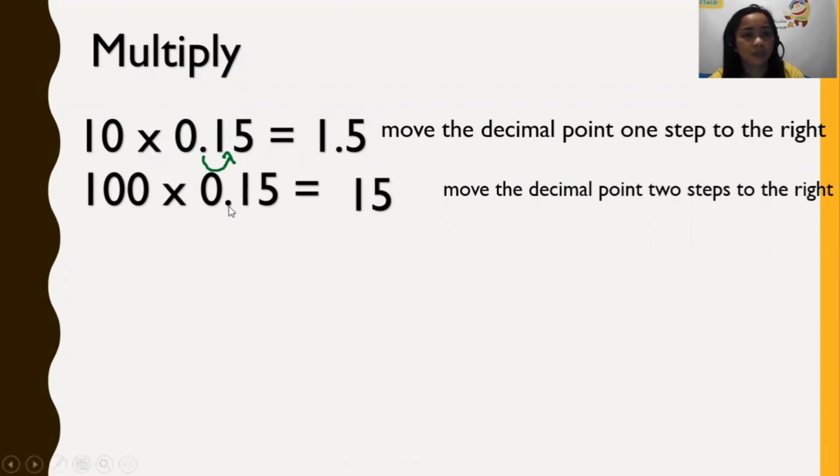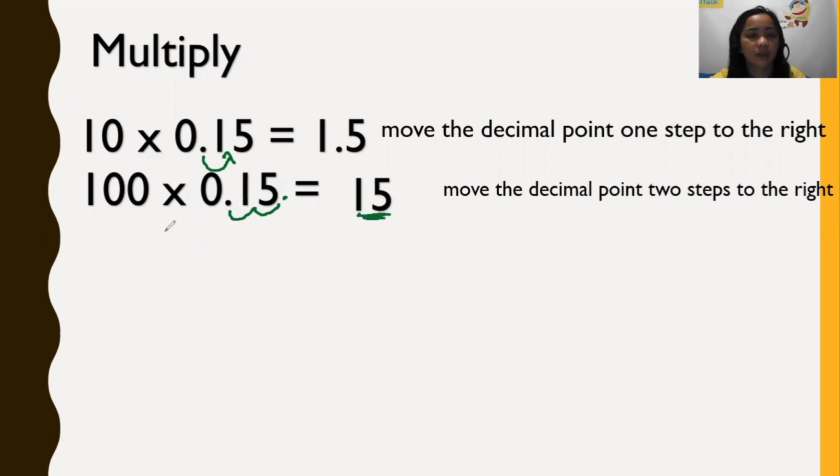From the original given, we have to move it 2 places, 1, 2. The decimal point is now at the end, with no digit left over, so it is already a whole number.